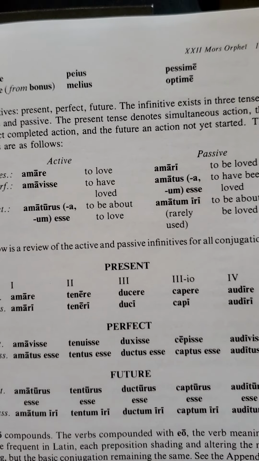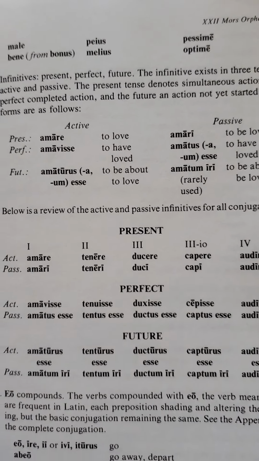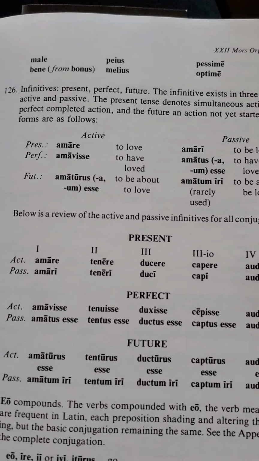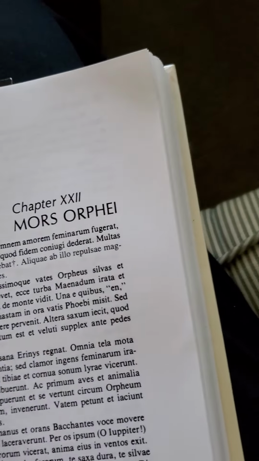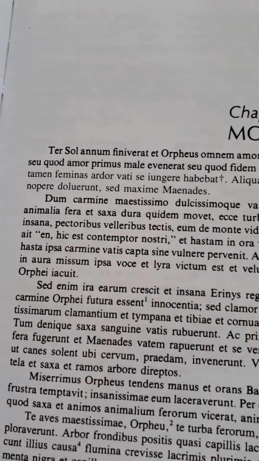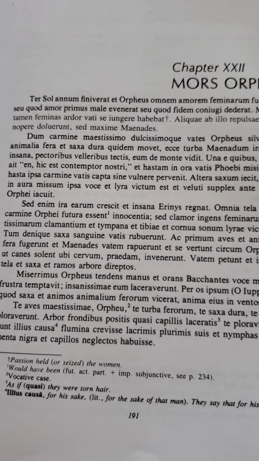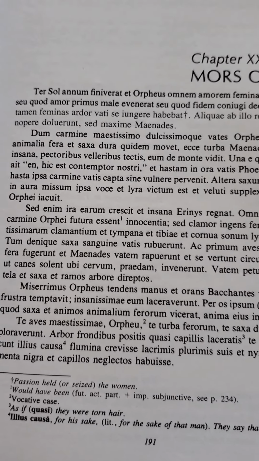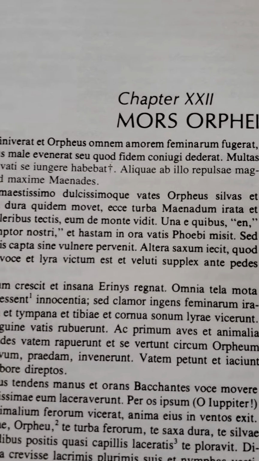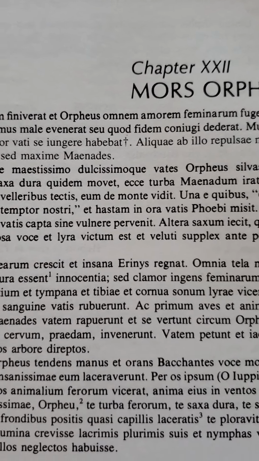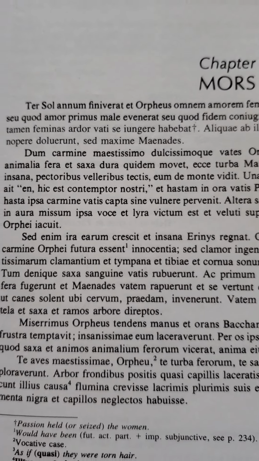And so in this chapter, they're not going to be used in indirect statement at all. All right? They're just going to be introduced as infinitives. So if we go back to Mors Orphei, I'm not even sure, I think Norma just wanted to give you practice with all these more complex things, like all the different participles. See a few superlatives in there.